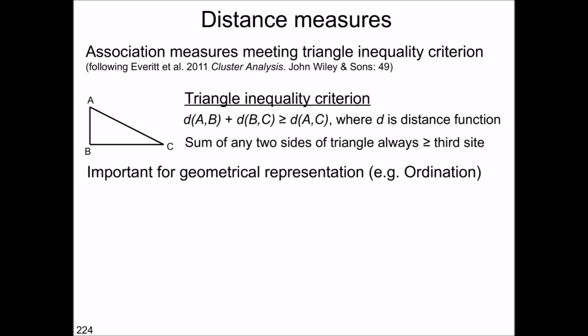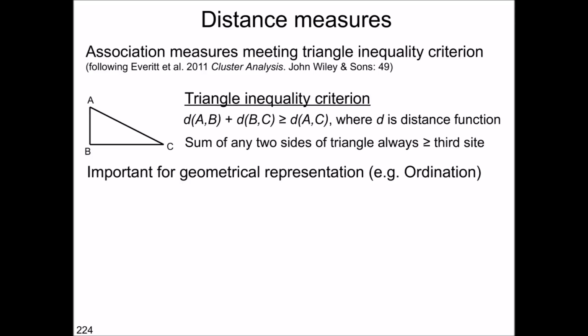Now, association measures that meet the triangle inequality criterion are also called distance measures. Now we have to discuss what the triangle criterion actually is, and which association measures are relevant here. That holds for the distance measures as well as for similarity measures.